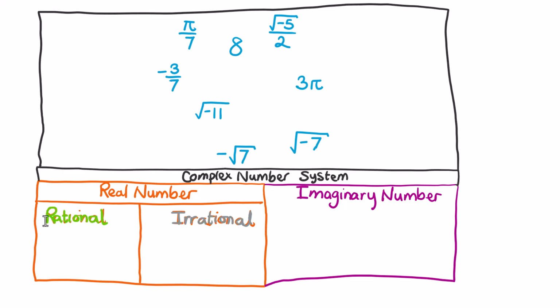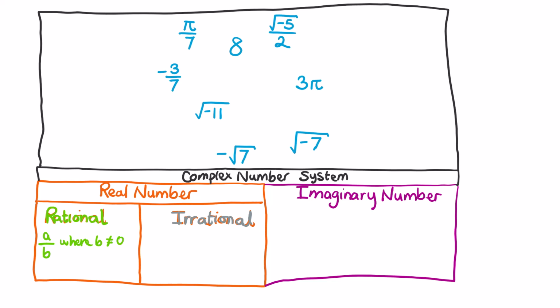First, let's take a look at rational numbers. In our previous video, rational numbers are numbers in this particular format, where a is an integer over another integer, and this here is where b is not equal to 0.